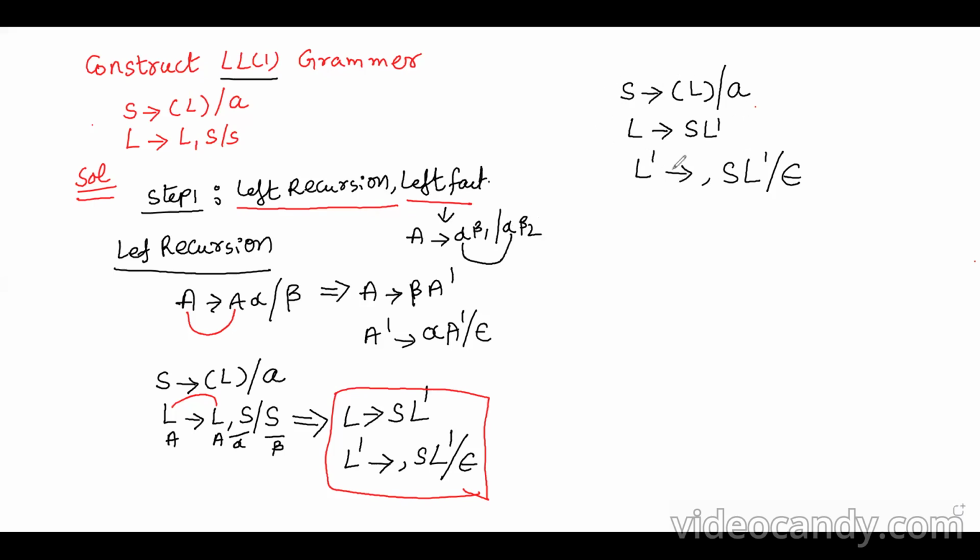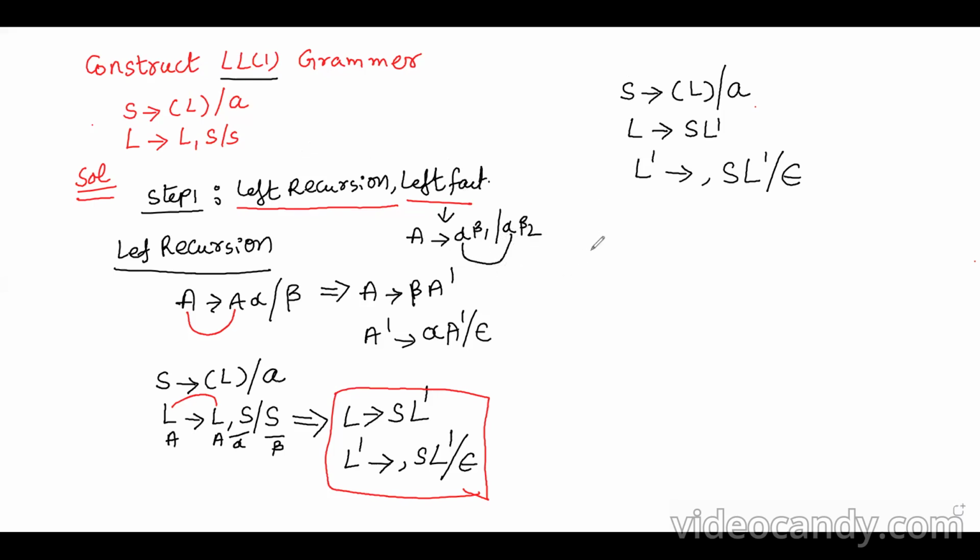Hence we go for the construction of the LL1 parsing table. So you need to remove left recursion as well as left factoring. For the given production, there was left recursion and we eliminated it, but there is no left factoring. Now I am going to find the first and follow.